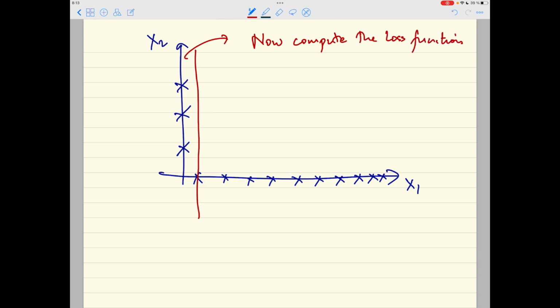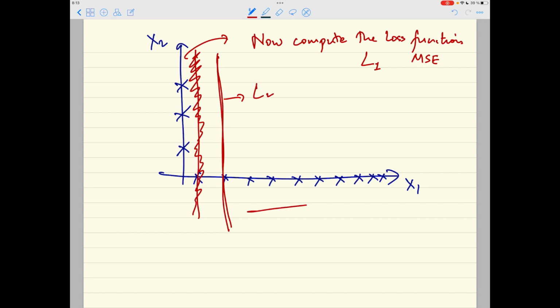Okay, and since this loss function is just the mean squared error, what we saw in the previous discussion. And let's call this loss function L1 because this corresponds to the first split. And then you will split here, and you'll again compute the loss function. See, when you will split here, you wouldn't consider this split anymore. Okay, so this split will be gotten rid of. Then we will have L2 and so on.